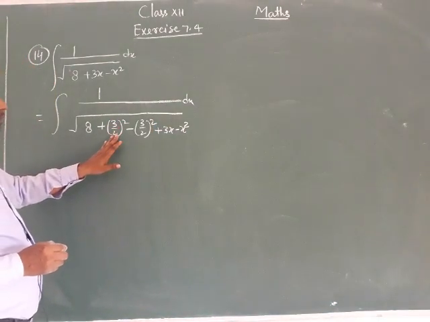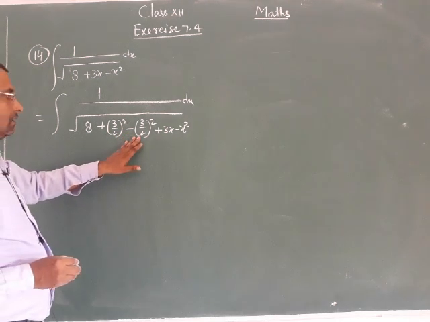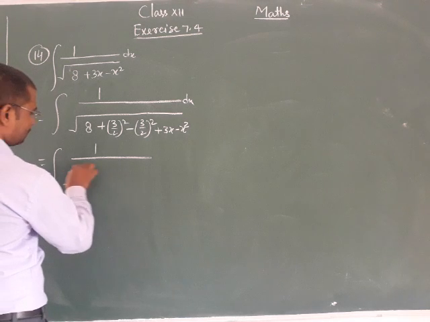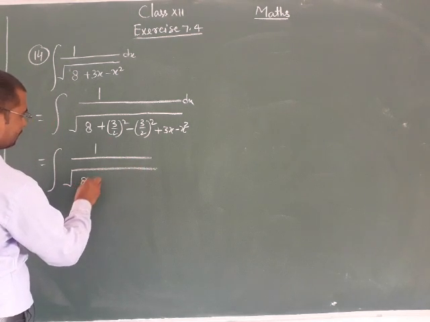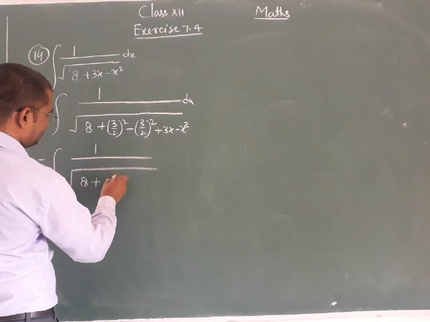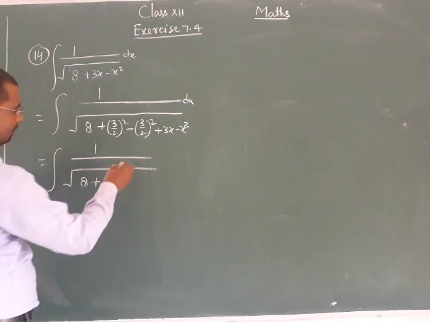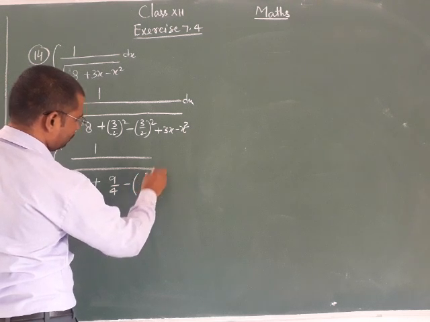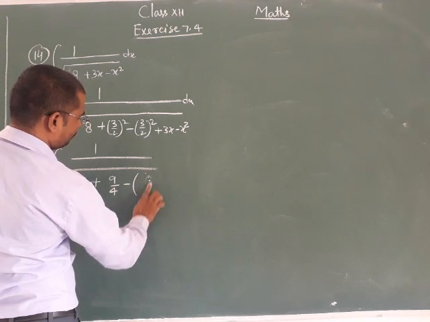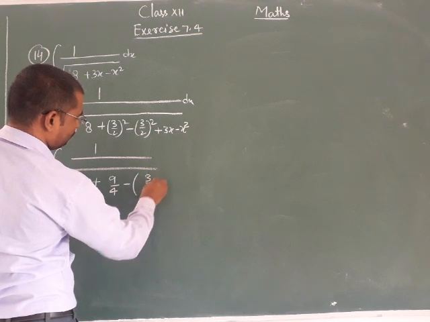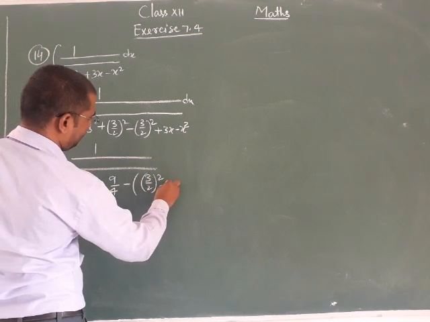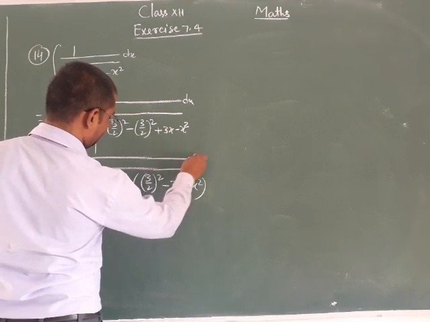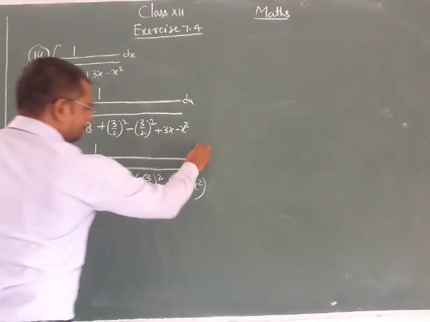So 3 by 2 square, adding and subtracting. Now also we can write 1 upon root 8 plus 9 upon 4 minus, taking common, 3 by 2 whole square minus 3x plus x square, dx.